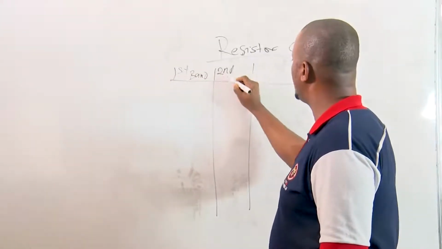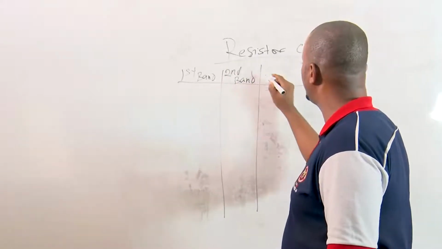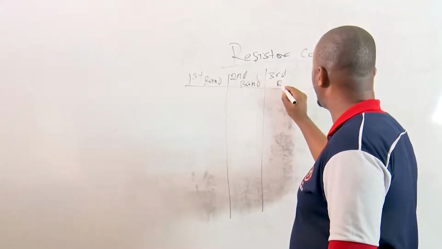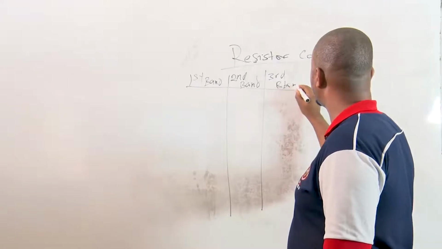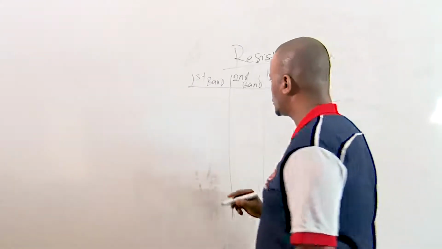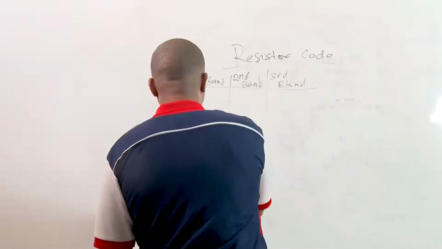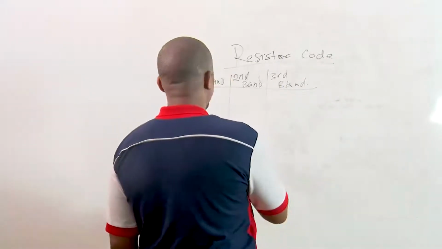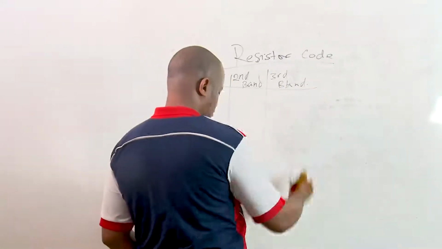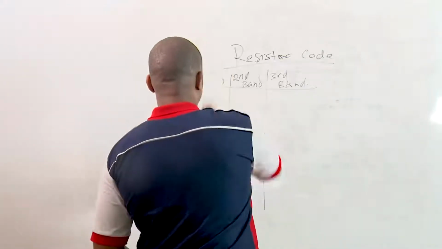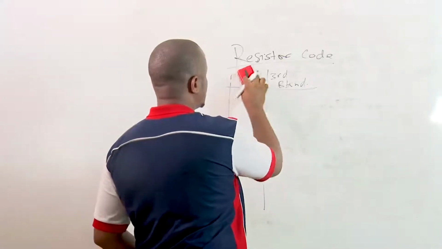We have the second band, the column for the second band, and we have the third band. So we start by writing it out. Let's use this space.